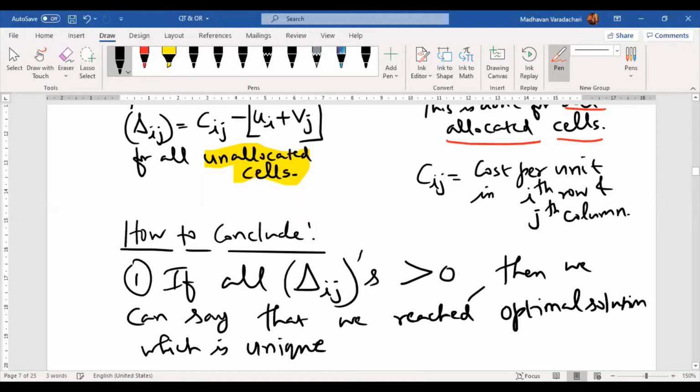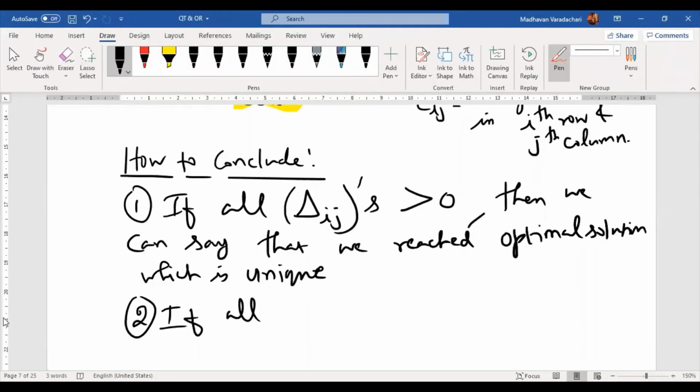What do you mean by unique? A single optimal solution means a unique solution. When all delta ij's are greater than or equal to 0, the difference is that here the equality symbol is there.